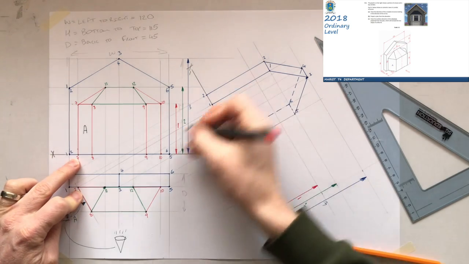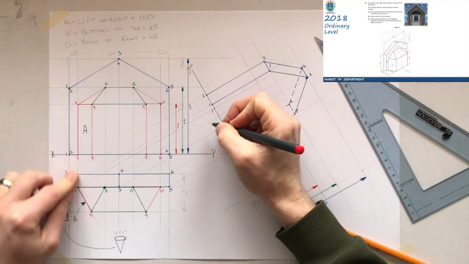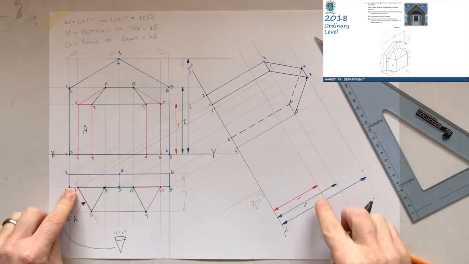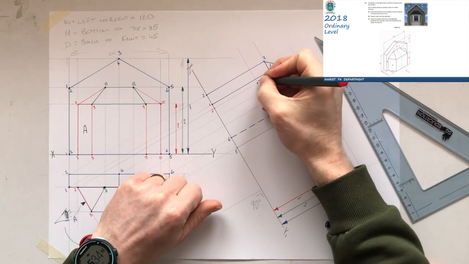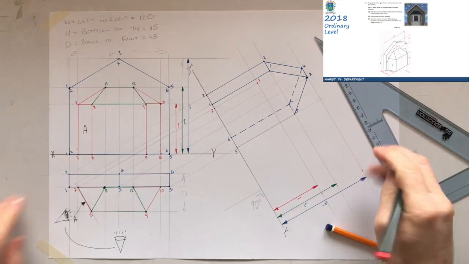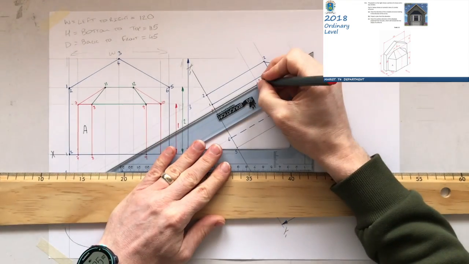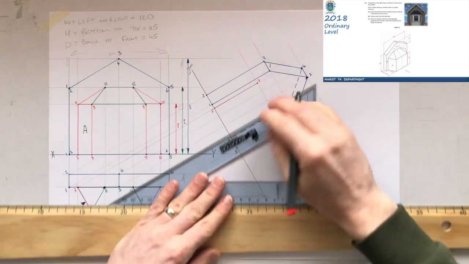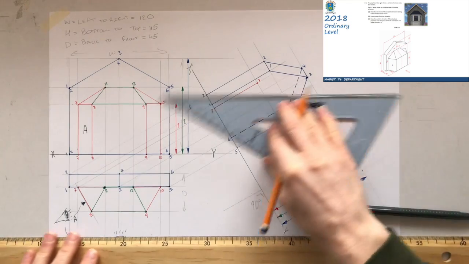Well, look, point 7 is on the ground, so follow it all the way up. There's point 7, and it's also on height line 1. There's height line 1, there's point 7. Where they collide gives me point 7. What happens? 7 gets connected to 7 on that edge.